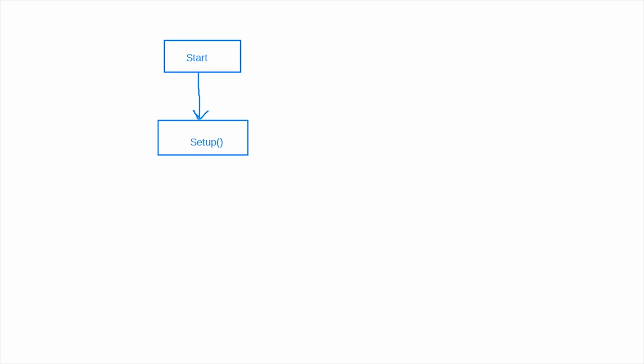After the setup, it goes next into an infinite loop, because most applications are designed to run forever anyway. This infinite loop is where you keep executing your main program. The loop will run continuously until you reset or switch off your Arduino.